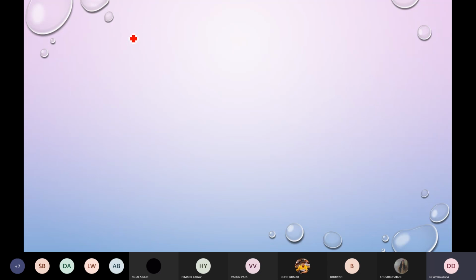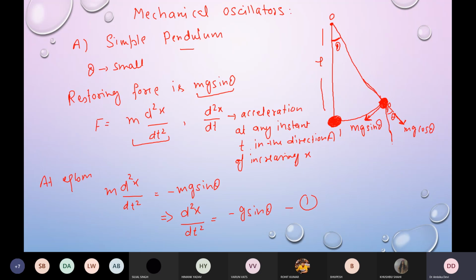Now if L is the length of the string, then you might know that this arc is equal to radius times theta. So if this displacement up to point P, AP, is x, then x must be equal to radius, which here is L, times theta, the angular displacement.